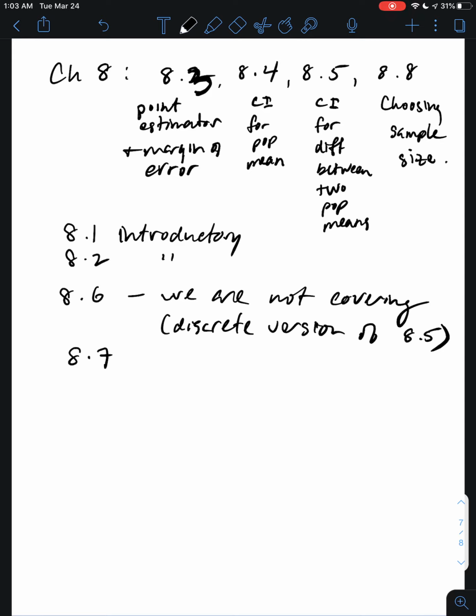And 8.7 we're also not covering. That's one-sided confidence intervals. That topic is a little bit more difficult to understand.